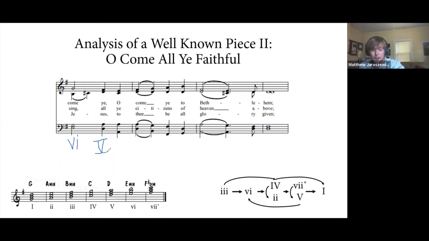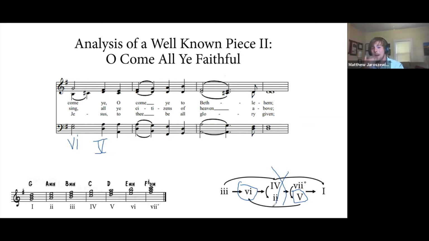Now, come over and look at the bottom right-hand corner at our flow chart. We started at 6 here, and we immediately went to 5 without stopping at 2 or 4. That is unusual.